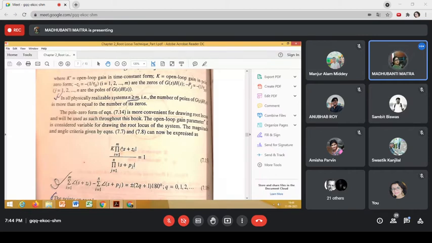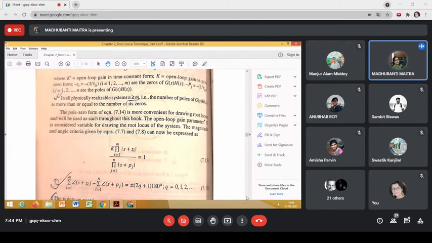This magnitude will be equal to 1. So this is our magnitude criterion.